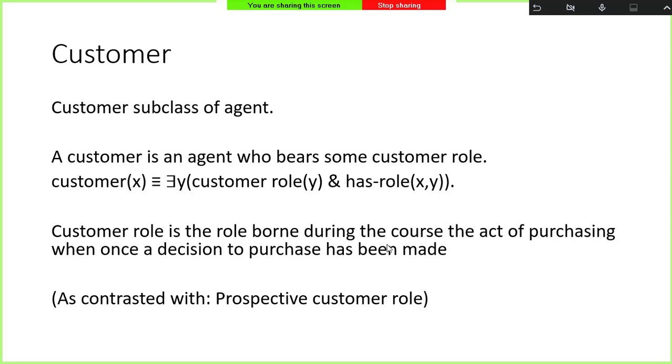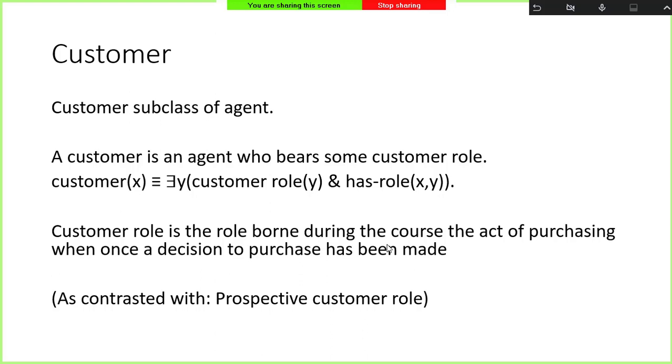Customers are a kind of agent, and being a customer, of course, is a role. Now, we had some difficulty here too with defining, because we believe we need a module for this rather than build it as part of a larger manufacturing-focused ontology framework.